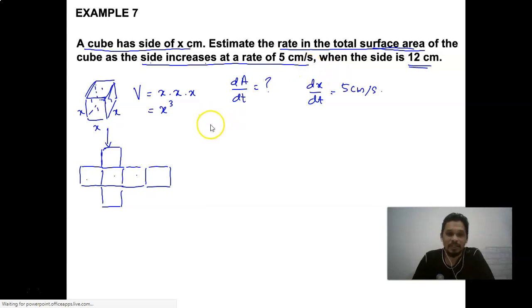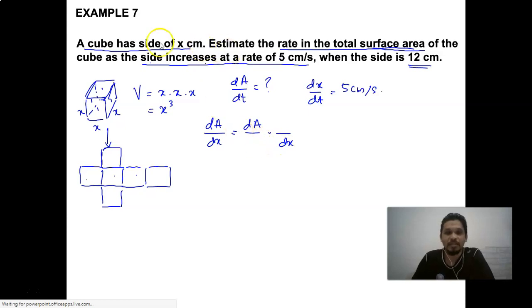If I come up with this one here, the changes of the surface with respect to x, when x is getting bigger, the surface of course is getting bigger and bigger. With respect to time, we come up with dA multiplied with dx.